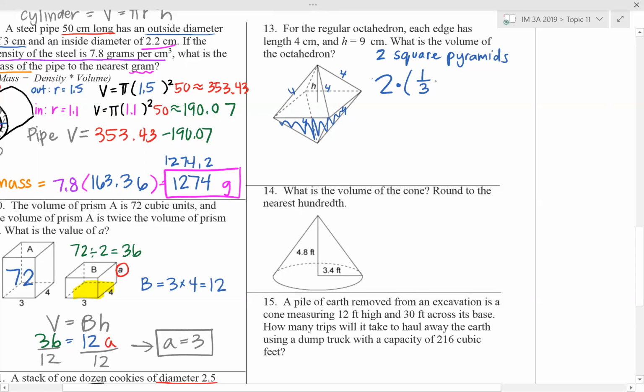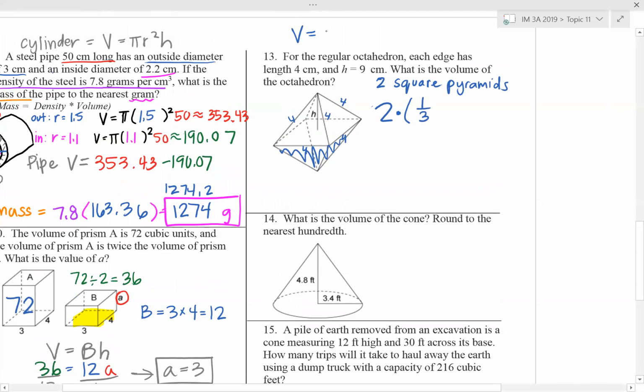Remember that for a pyramid, we're using volume equals 1/3 area of the base times the height. And because it's a square as our base, 4 sides of 4 all the way around, the area of the base is s squared. So we're going to use 1/3 times s squared times h.